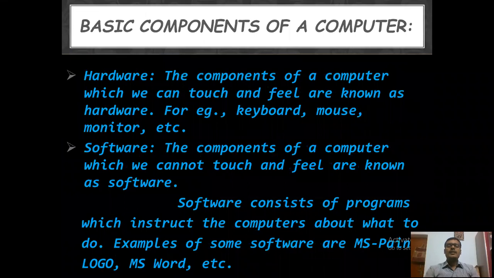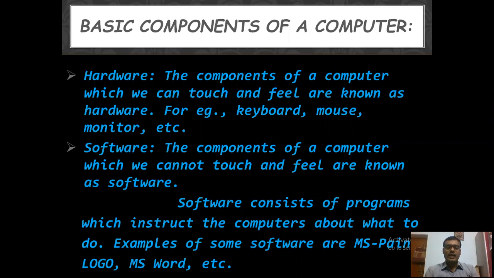Now, basic components of a computer, that is, one is hardware and another is software. Hardware, the components of a computer which we can touch and feel, are known as hardware. For example, keyboard, mouse, monitor, etc. Software, the components of a computer which we cannot touch and feel, are known as software.